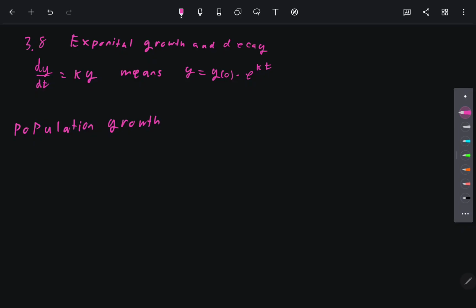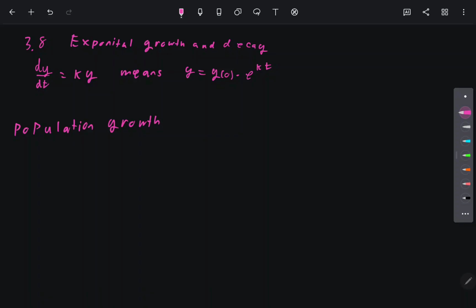So, before we continue on with this idea of population growth, I just want to take a moment to talk about the k. What does this k truly represent?